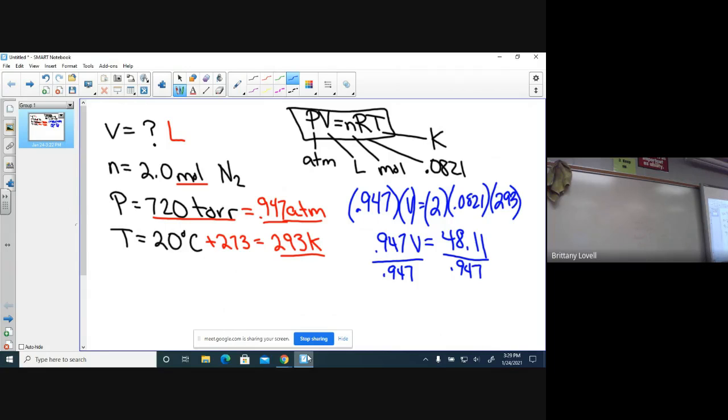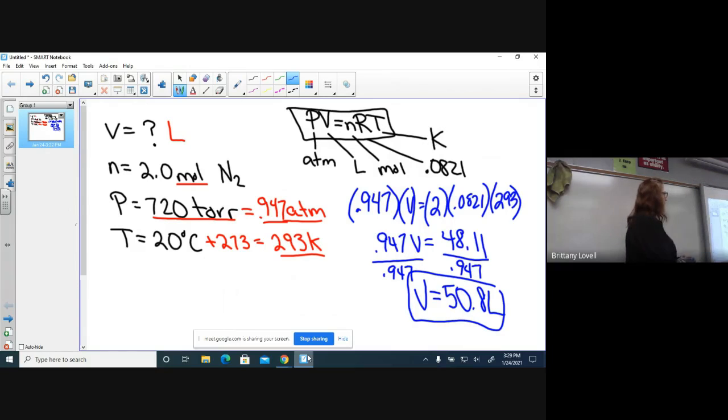Okay, and you end up with your volume being about 50.8 liters. 50.8 liters, okay, for 2 moles of gas. All right, so there you go.